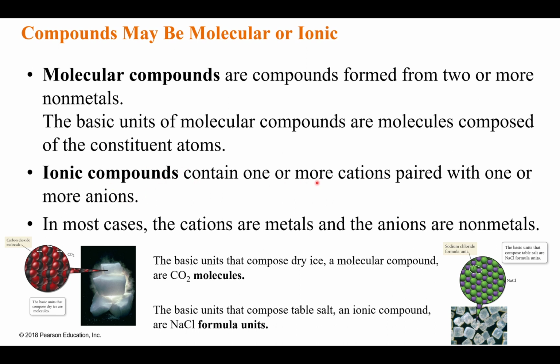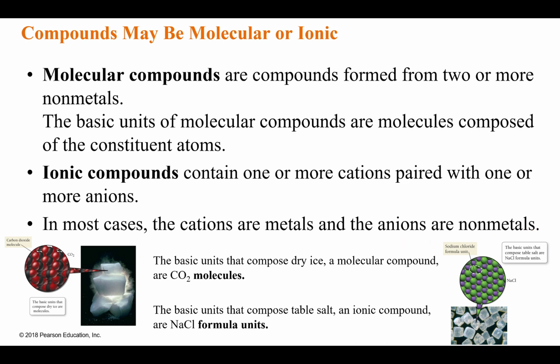Ionic compounds, on the other hand, are made out of cations and anions. Now, in most cases, the cations are metals. Of course, there are other cases where you have polyatomic ions that are cations, but in most cases they're metals, and the anions are nonmetals.